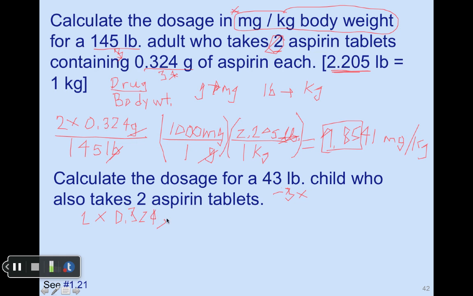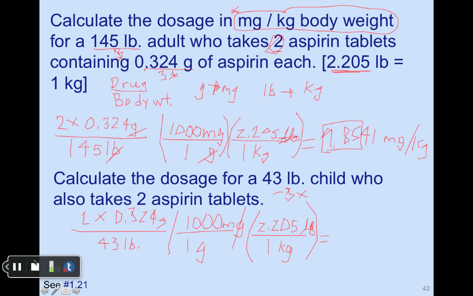Sorry, folks. And divide that by the body weight, which should be, this time, a different, smaller child, 43 pounds. So the 43 goes on the bottom. The same conversion factors will apply as we used on the first one. So set it up in exactly the same fashion.